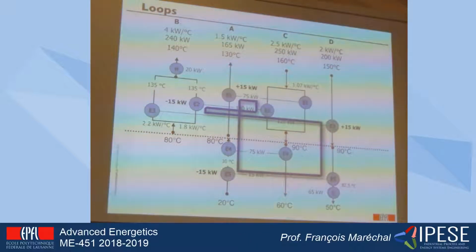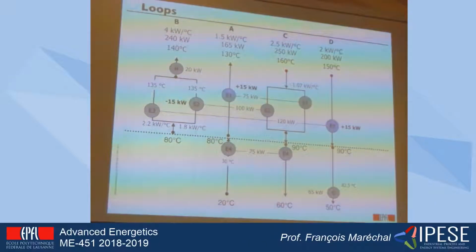What is important is that I always have to do plus minus, and I'm not perturbating the hot utility. I'm just changing the repartition between the heat exchangers that are in the loop. Okay, and therefore I can, in this way, suppress the E5.